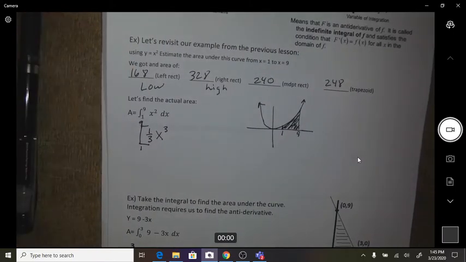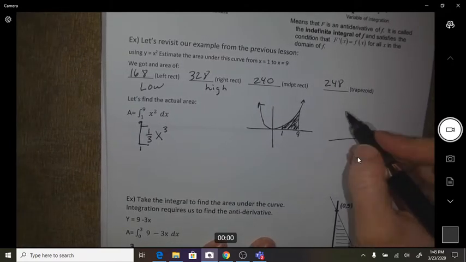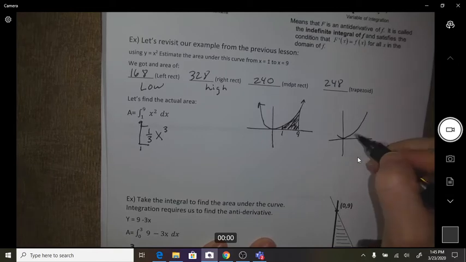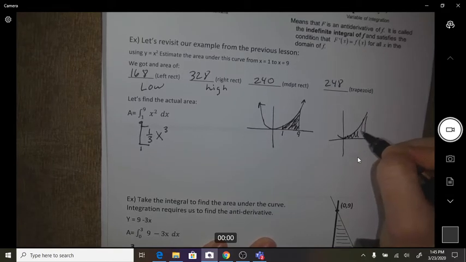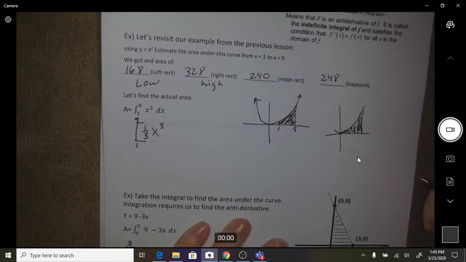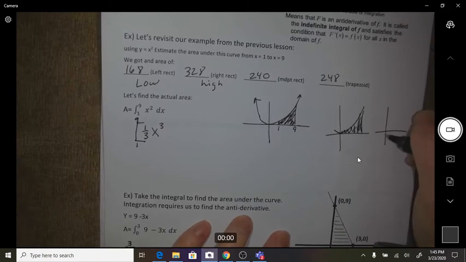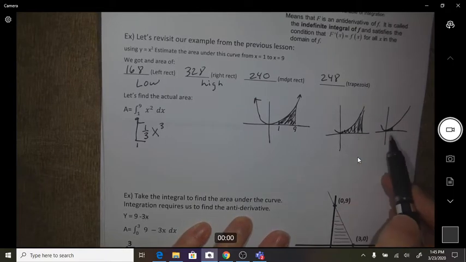So what is the area under the curve till 9? Basically that is this whole area, and then you're going to subtract the area under the curve to 1. So you're taking that whole area and then subtracting that area.